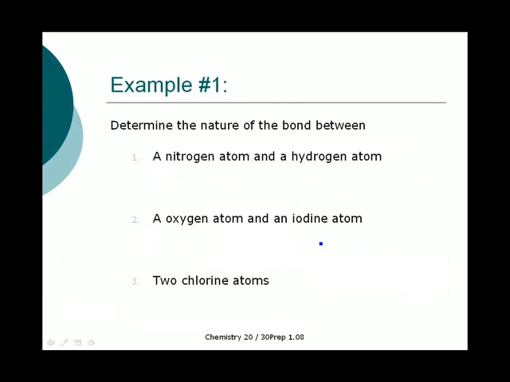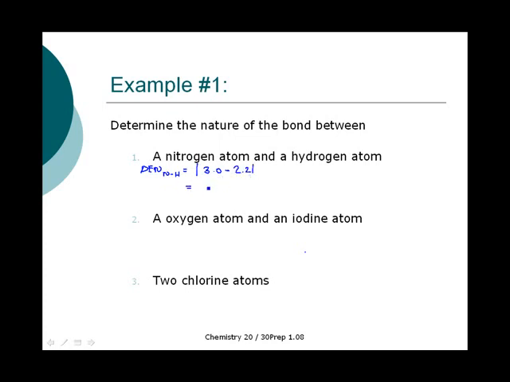So we're going to determine the nature of the bond between nitrogen and hydrogen. All this is simple math as long as you remember to do it. So we're going to find the difference in electronegativity between nitrogen and hydrogen. And to do that, we just find their electronegativities and subtract. So the difference, nitrogen is 3.0, hydrogen is 2.2.